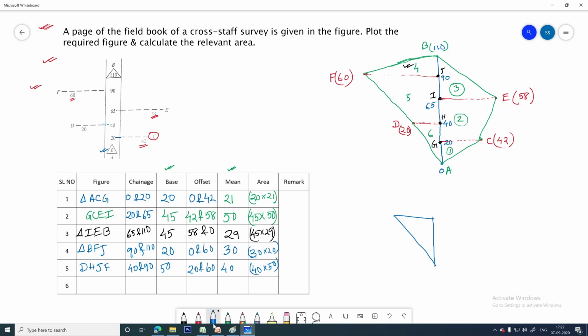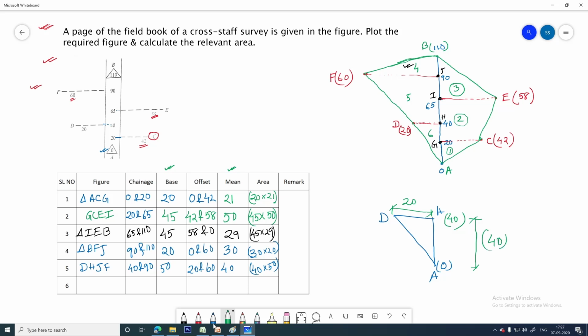This is A and this one is H and this one is D, right? And you know the chain edge here, it is 0, the chain edge here it is 40, and the offset value here, that is 20, right? And here the offset value is 0. So we can determine the base value, base is 40 minus 0, that will be definitely 40.